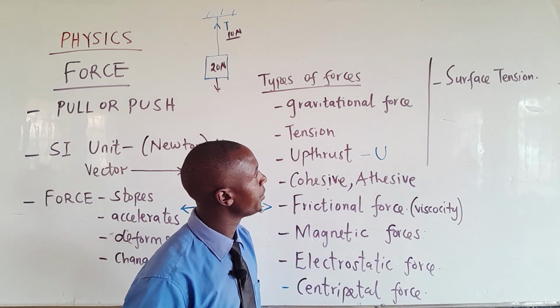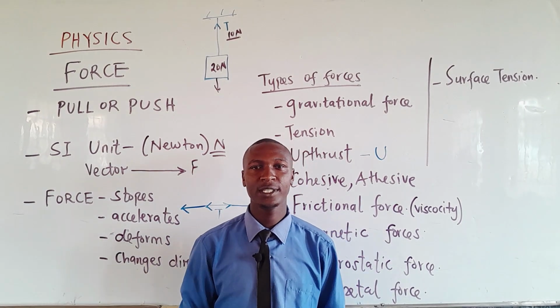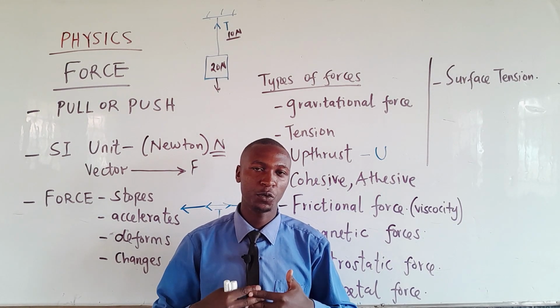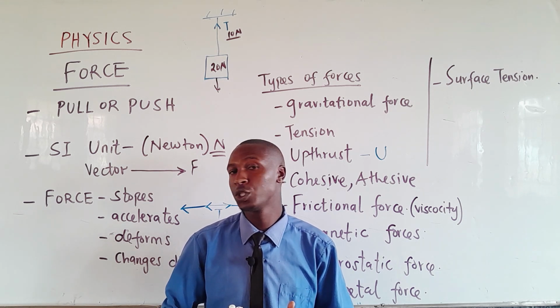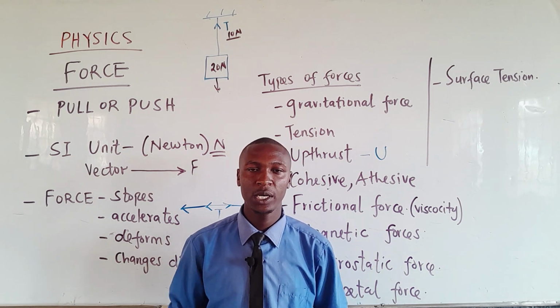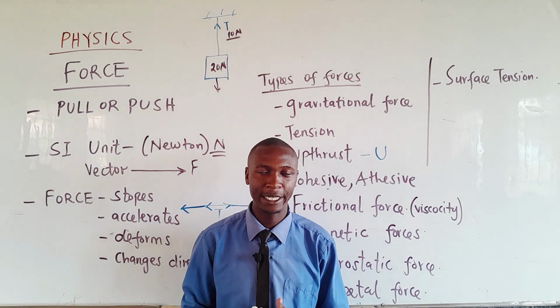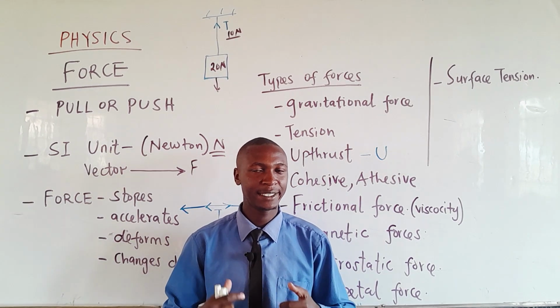Now, lastly, we have what we call surface tension. Surface tension is also a force. This force is normally felt on the surface of a given liquid, and mostly water. On water, we have a force that behaves like a thin elastic skin, and that force can be defined as surface tension.